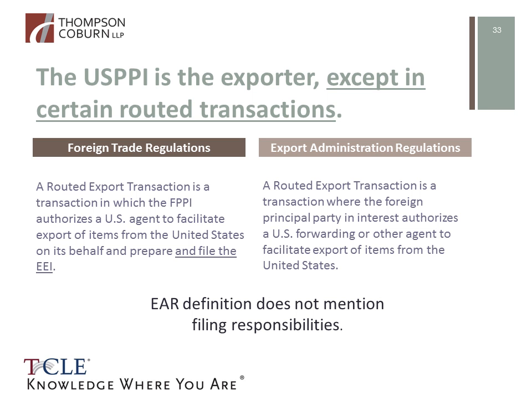Notice, however, that the export administration regulations do not mention filing responsibilities. So this would be a routed export transaction under the export administration regulations, but not under the foreign trade regulations. Notice that when we talked about the foreign principal party controlled export transaction, that definition changed some of this to hopefully align these answers a little more closely.